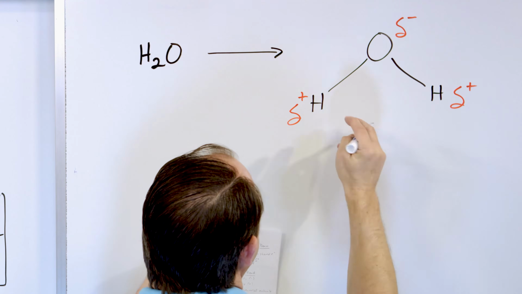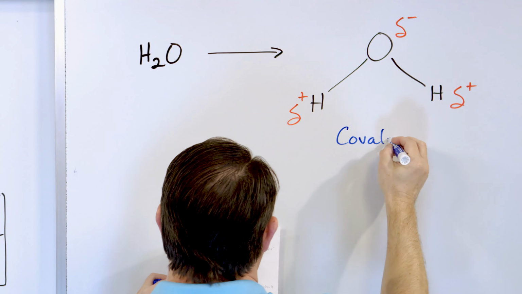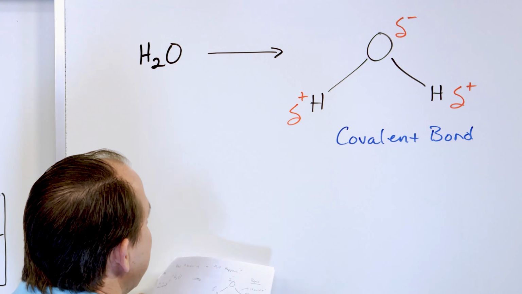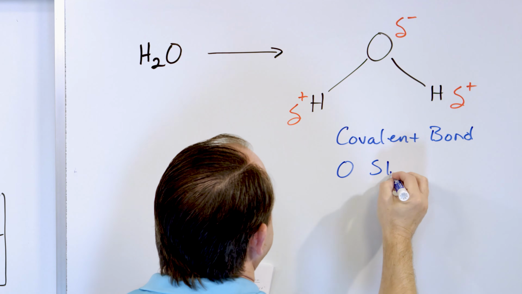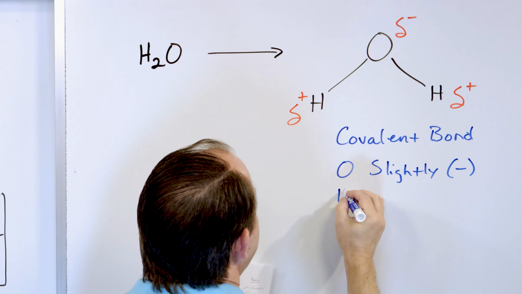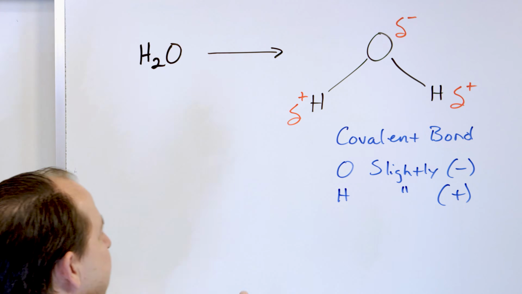Now, a couple of notes here. These electrons here are a covalent bond, because water is a molecule, right? And that means the oxygen is slightly negative, and the hydrogen is slightly positive. I've already said those things in words.